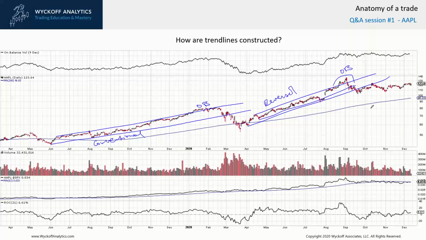Well, I think the key here, when we're thinking about the overbought and oversold conditions, is how we operate around those, more so during the major part of the uptrend itself.